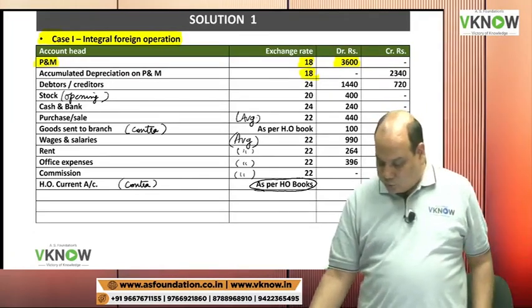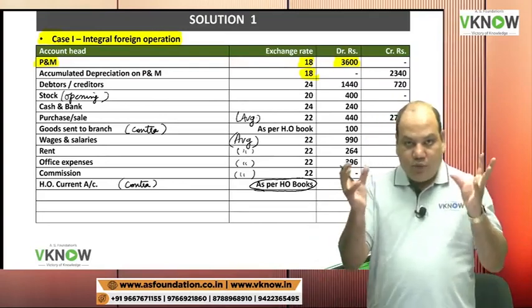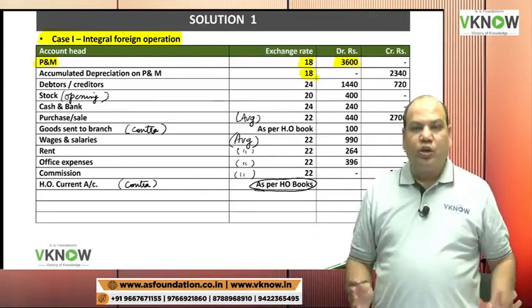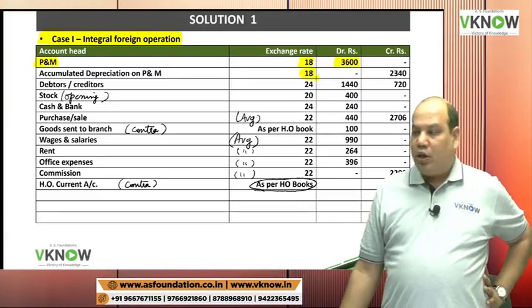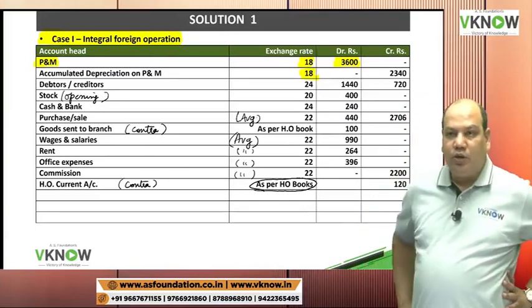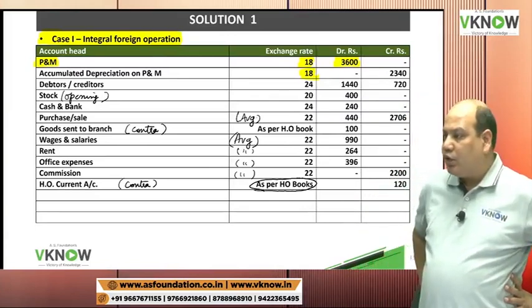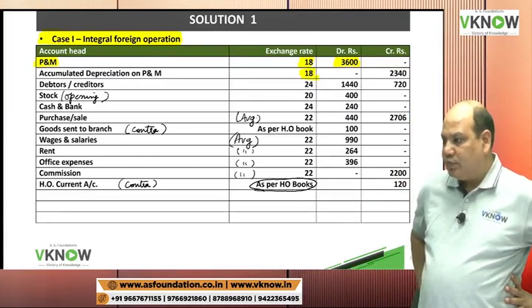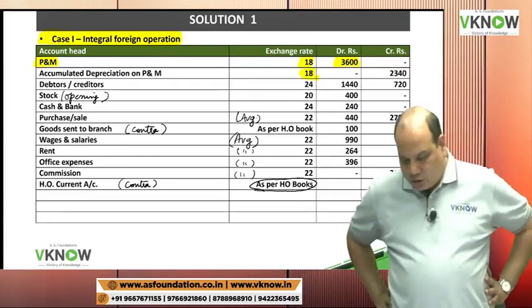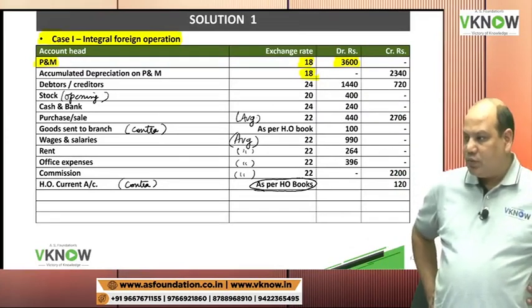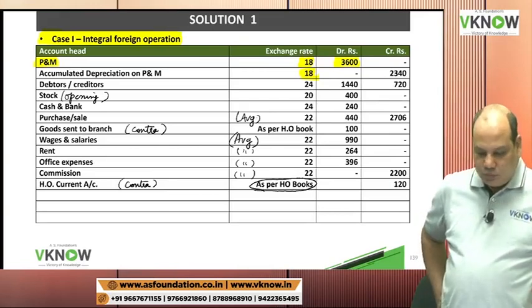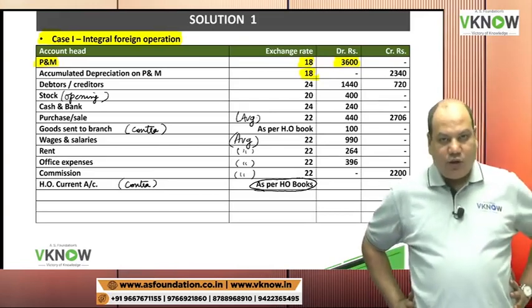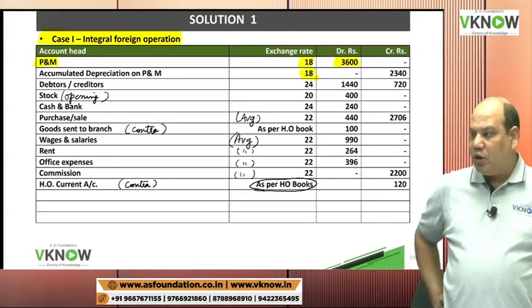Now the student will check whether the total is tallying or not. If it is not tallying, it will give rise to an exchange difference, and that exchange difference we will transfer to the P&L account.